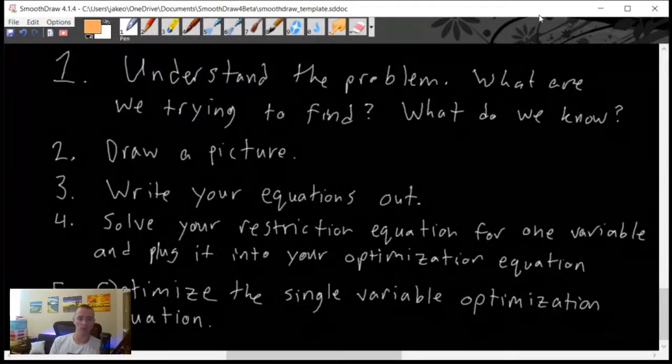Find the optimal path for them to take to travel that as quickly as possible. It's really the same kind of idea. You would want to go ahead and draw a picture at that point, and then write your equations out: the equation that you're trying to optimize and the equation that is restricting things.